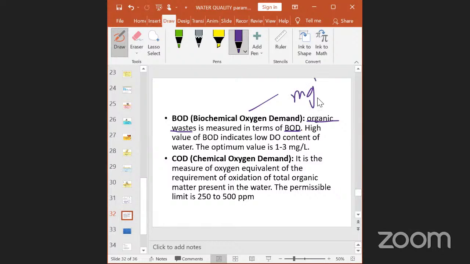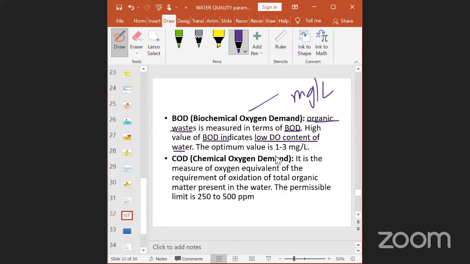A high value of BOD indicates low DO content of water. That is pollution, right? The optimum value is 1 to 3 mg per liter. So higher BOD indicates pollution.